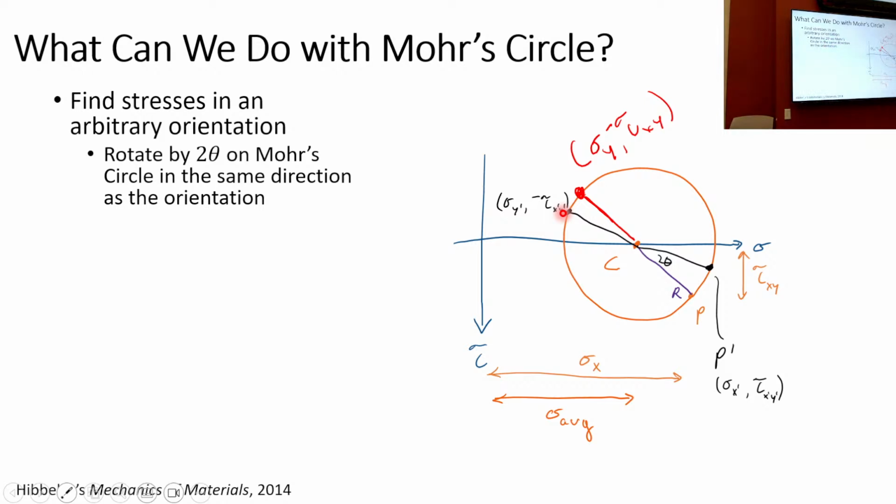Let's think about that. Why is sigma y or sigma y prime on the other side of the Mohr circle from where sigma x or sigma x prime is? Any ideas? What do you all think?